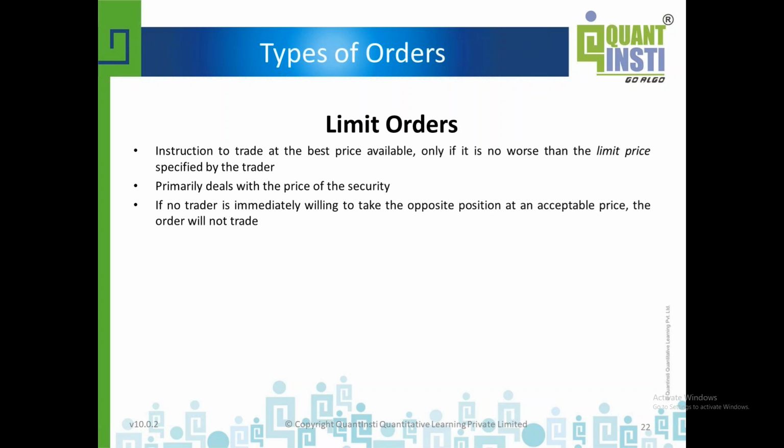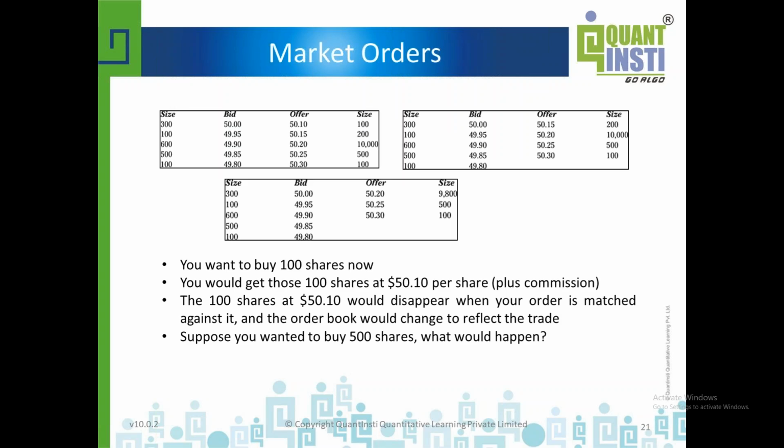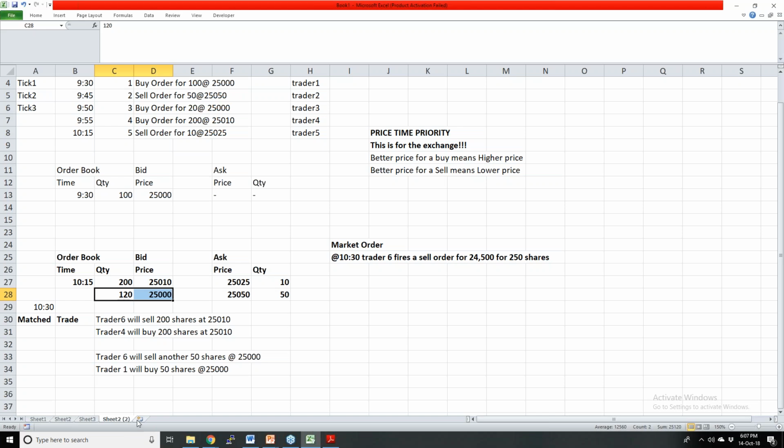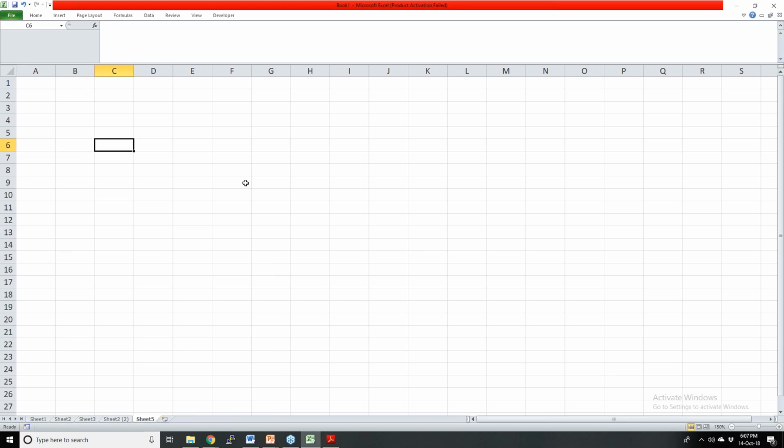So if no trader is immediately willing to take the opposite position, the order will not trade and it will get reflected in the order book, right? In this example, if I wanted to buy 100 shares at 50.05, there's no ask at 50.05. So my order book will change to: bid, quantity, price, ask, quantity, price.